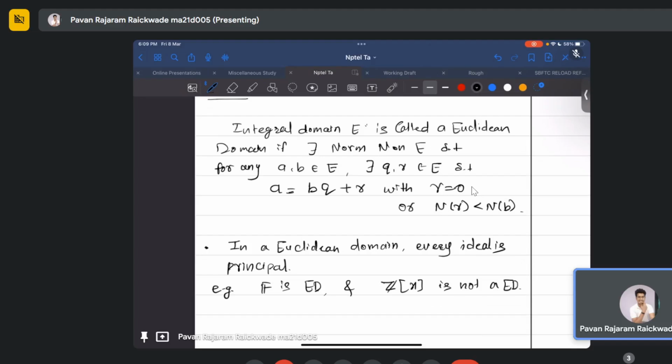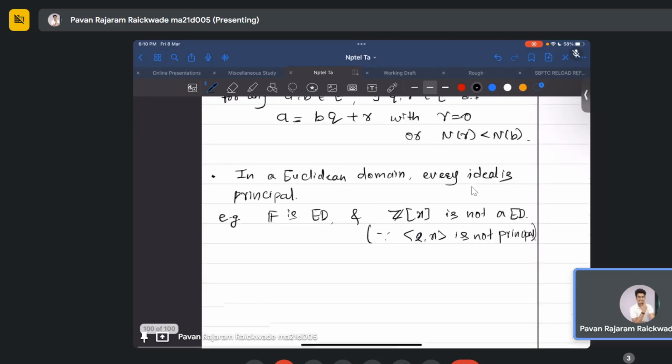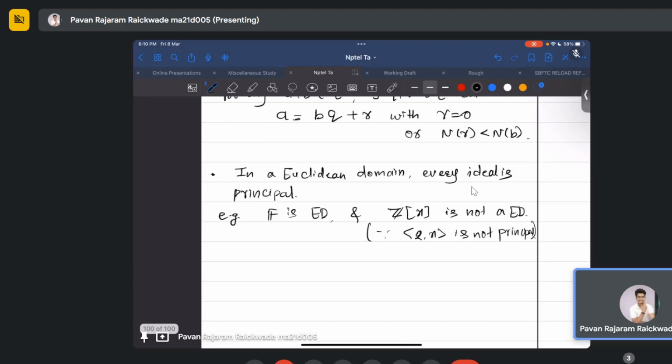Why? Because the ideal generated by 2 and X is not principal.